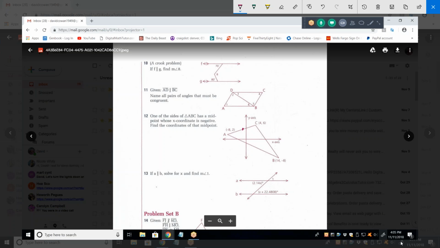So how do you find the coordinates of that? You just take x1 plus x2 divided by 2, and then y1 plus y2 over 2.